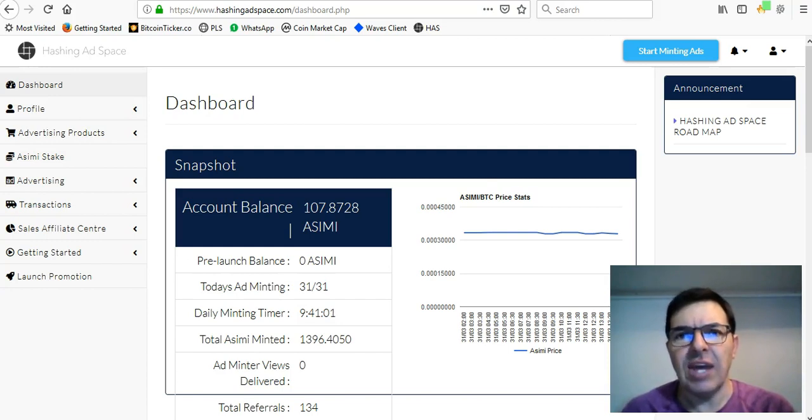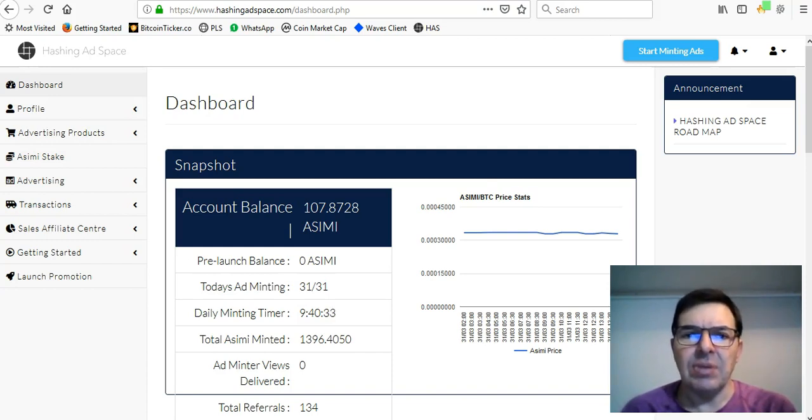If you want to watch ads, you need to stake Asimi in Hashing Ad Space, and each stake is equivalent to $100. So you don't pay in dollars but in Asimi, so you need to buy the equivalent number of Asimi to make that stake.